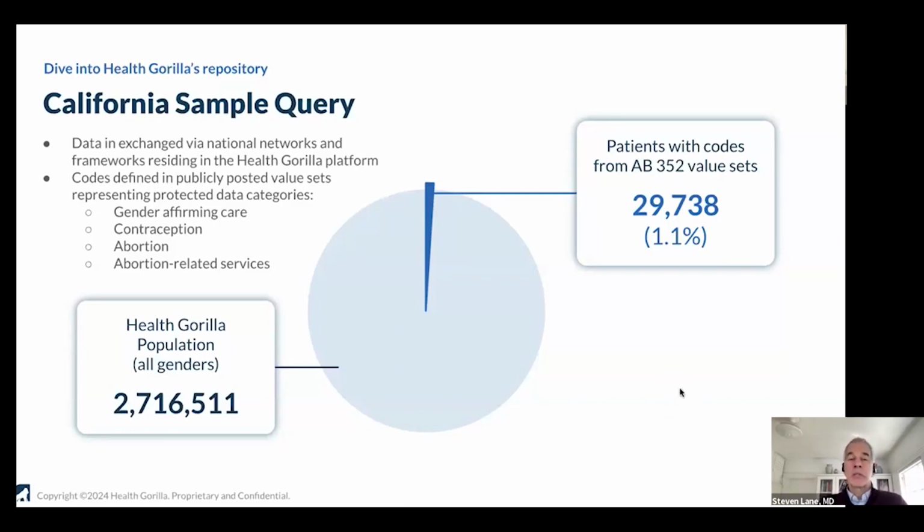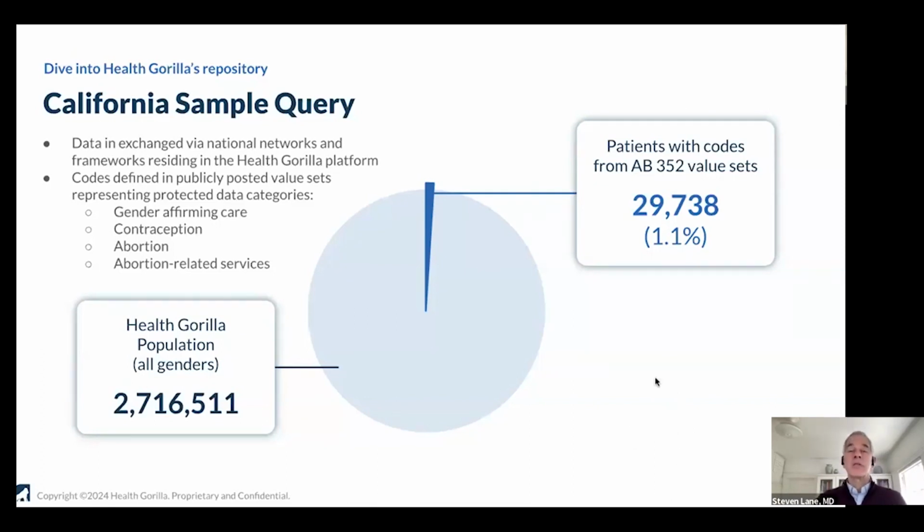When we looked at the Health Gorilla data set, there was 1.1% of the population that had codified data captured within the value sets applicable to AB 352. This was recently validated. Our friends at Supporting Communities Health Information Organization, another regional HIE/HIO in California, ran a preliminary look at their data using the same value sets, and they came up with 1.2%.